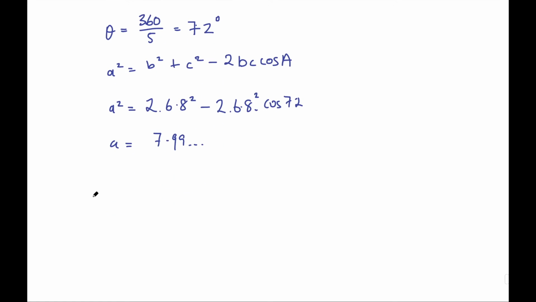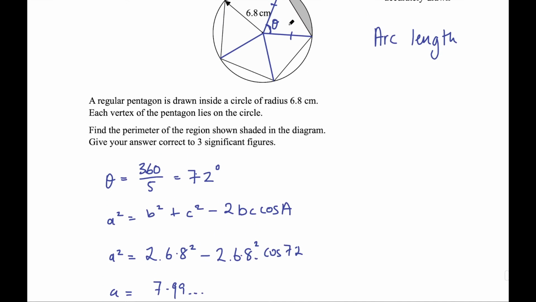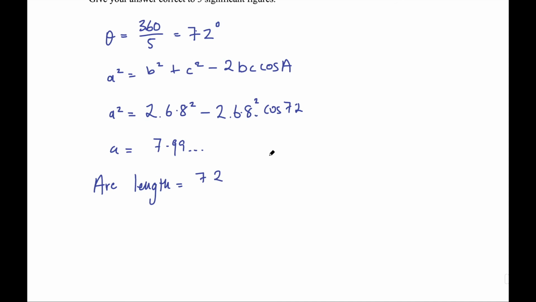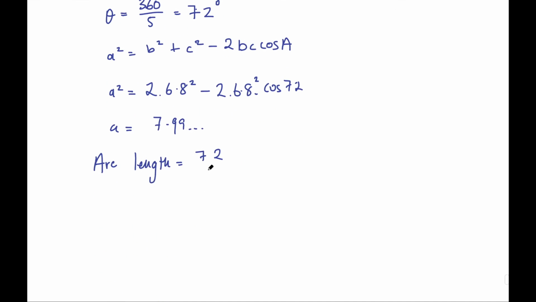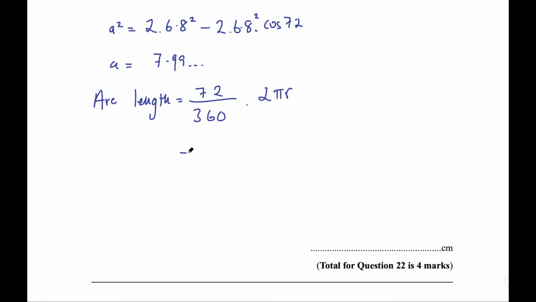Now we need the arc length. The arc length is the fraction of that angle of the total. So in other words, theta, the angle of that triangle, divided by 360, multiplied by the circumference of a circle. Now you also need to know that the circumference of a circle is 2 pi r. That's the other thing you needed to know here. So 2 pi r, and then this is going to be 72 over 360 multiplied.